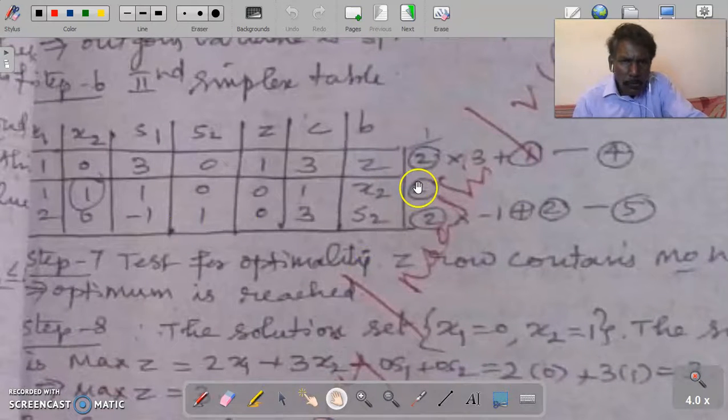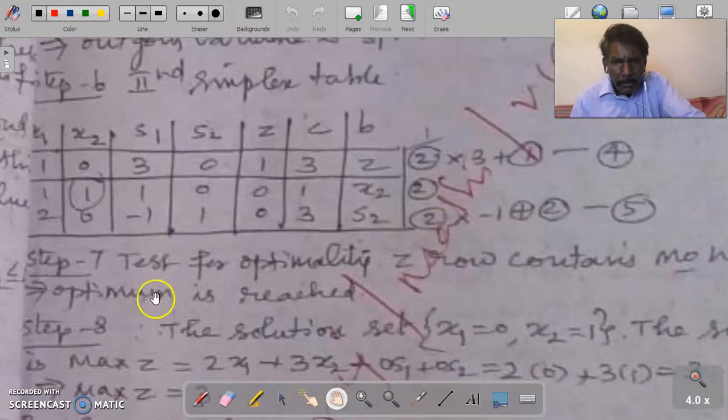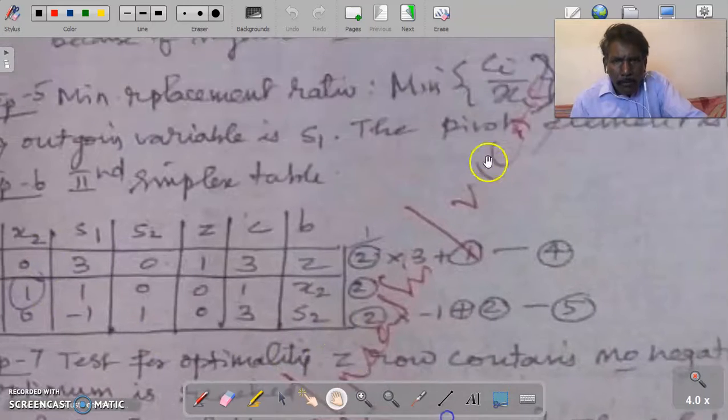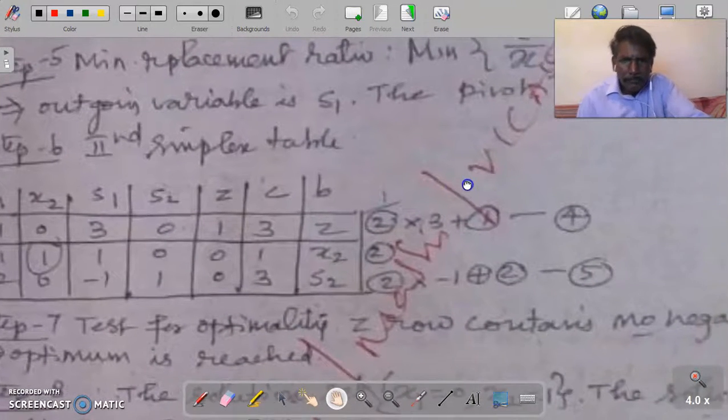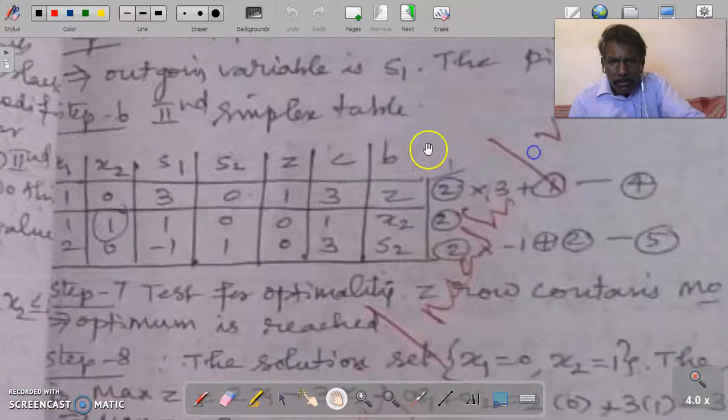Now, what is the outgoing variable? To find the outgoing variable, we have to find the minimum replacement ratio using this particular formula. This is the constant, this is the variable.